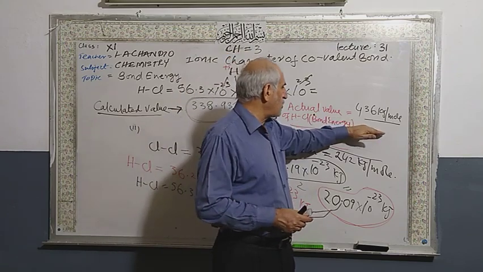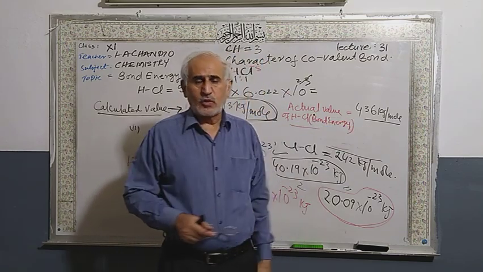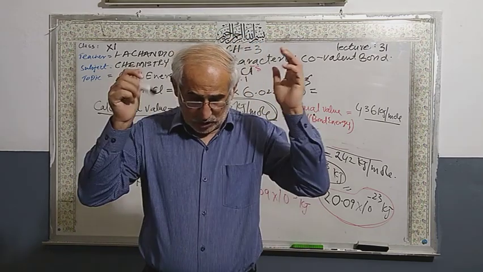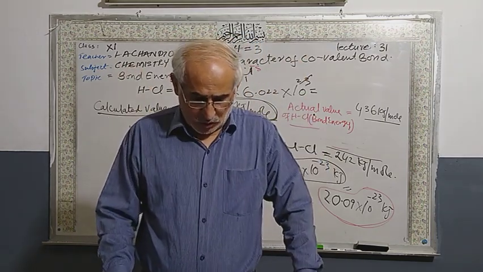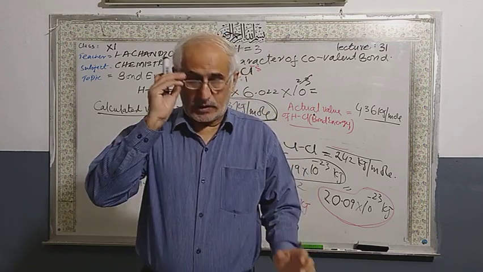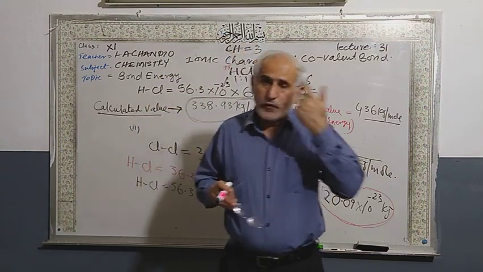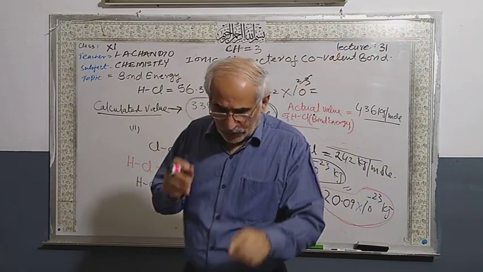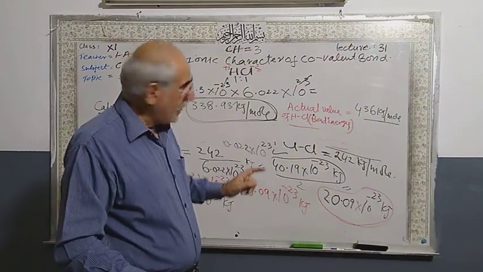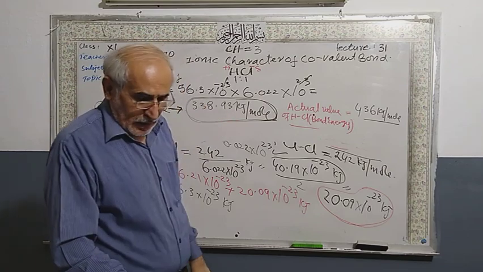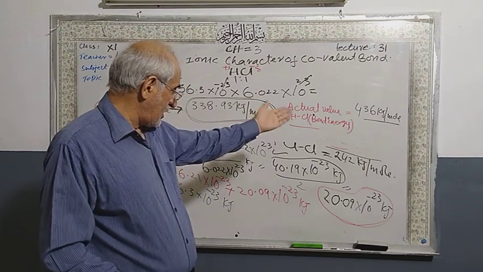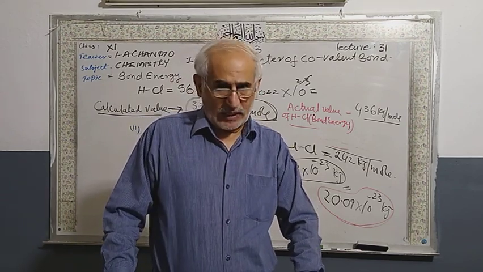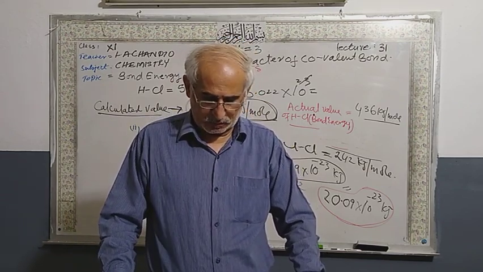This is the observed value, and you will see a large difference, 274. So much more difference you are finding here. In hydrogen chloride, 338 something and 436 or 431, so the difference is near about 95 or 92 like this.